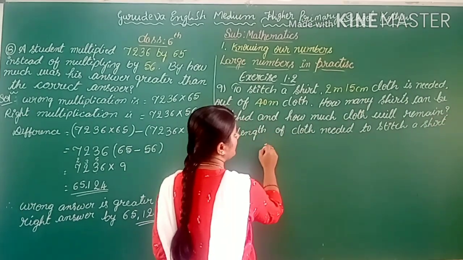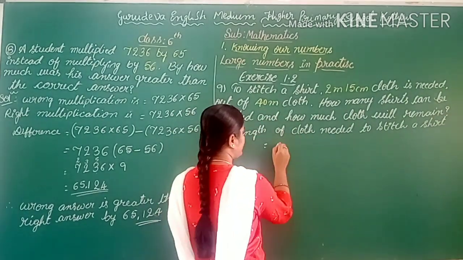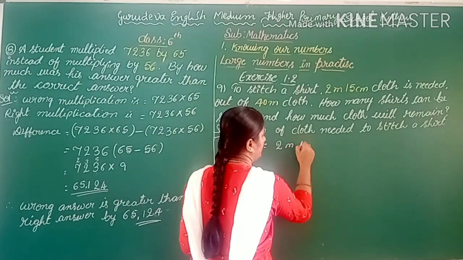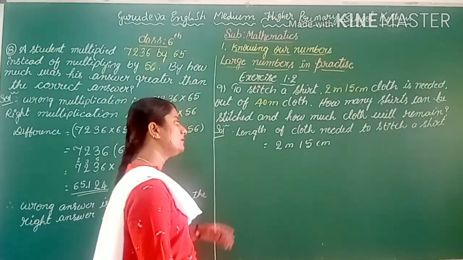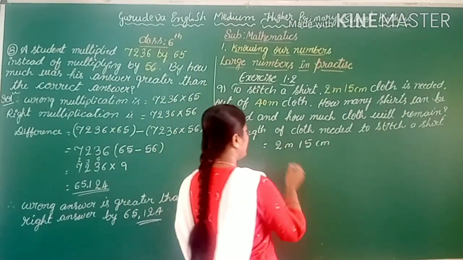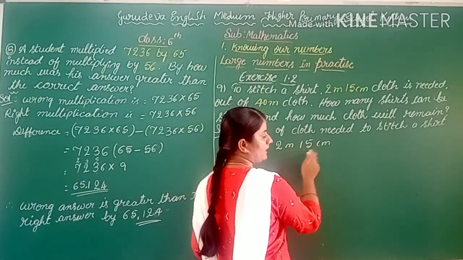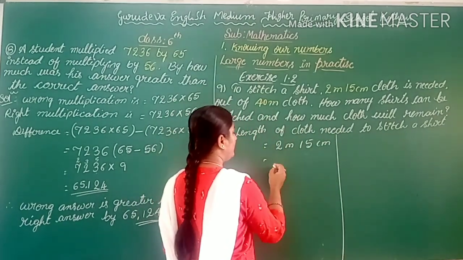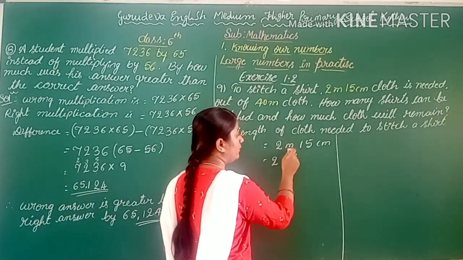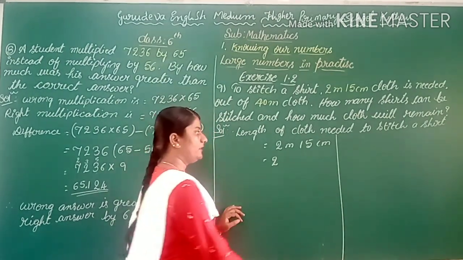That is how much? That is 2 meter 15 centimeter. So we can also convert this 2 meter 15 centimeter. That is equals to 2 meter, which is 2 into, we know that 1 meter is equals to 100 centimeter.